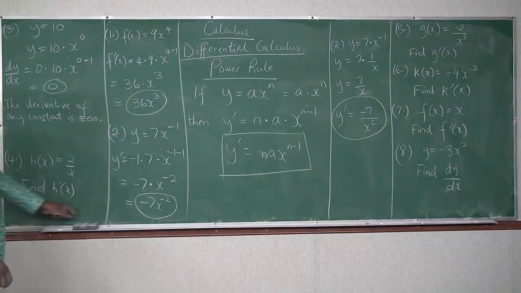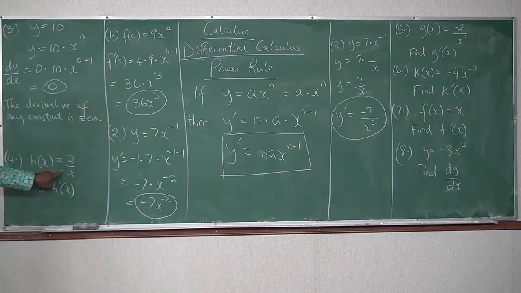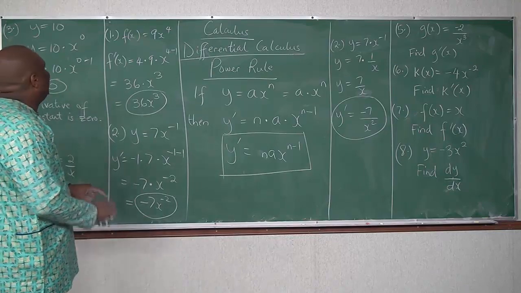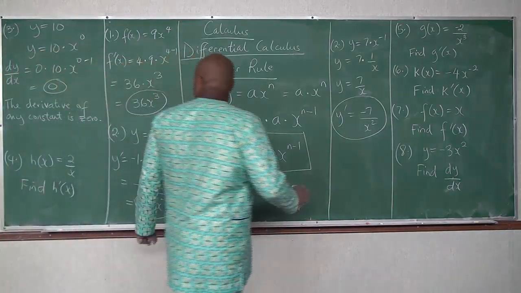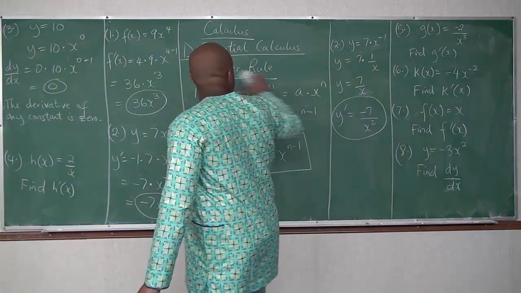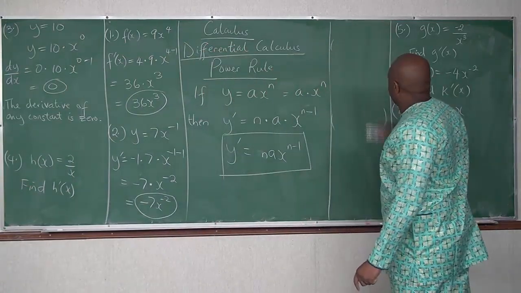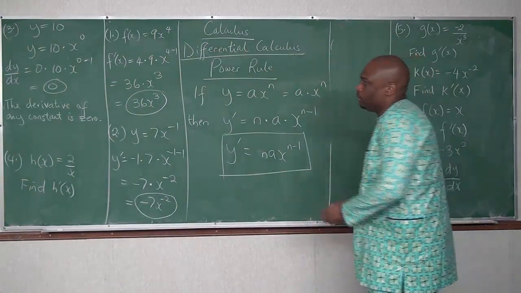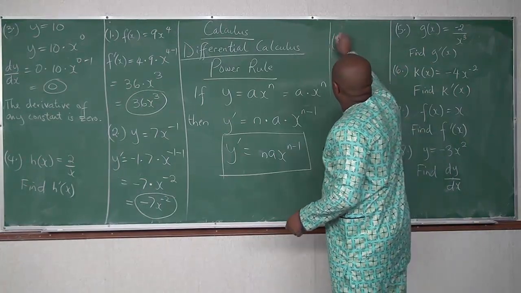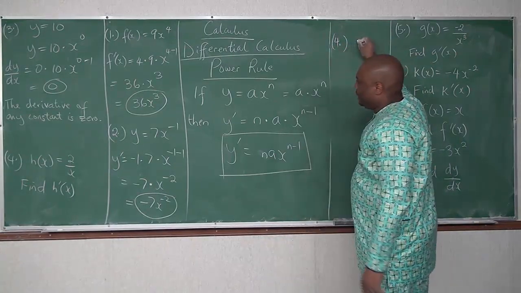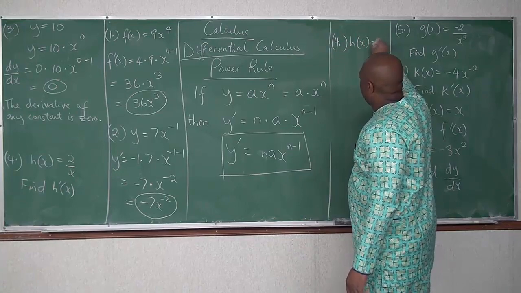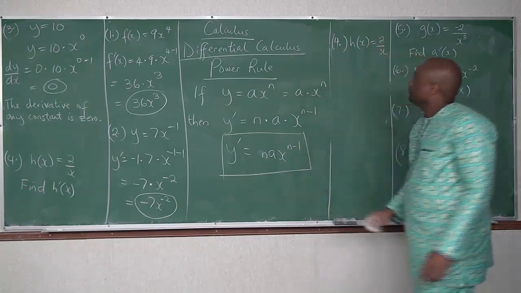Question 4, 2 over x. So you see, in this case, they gave it to us in fraction. So our answer must be in fraction because they gave it to us in fraction. Okay? So let's go ahead and do it. Let me go ahead and erase this. So question 4, we have that h of x is equal to 2 over x.